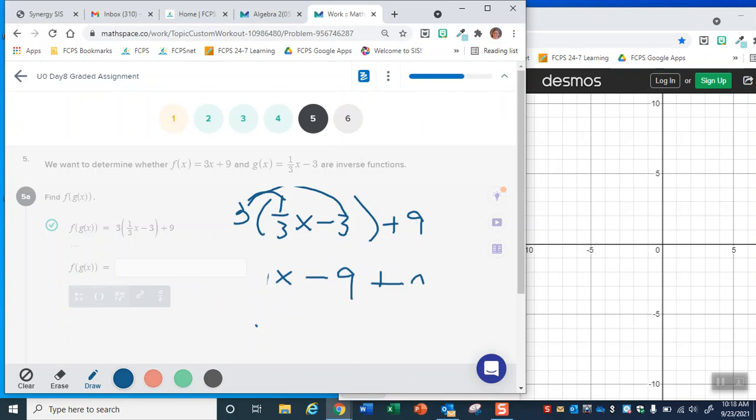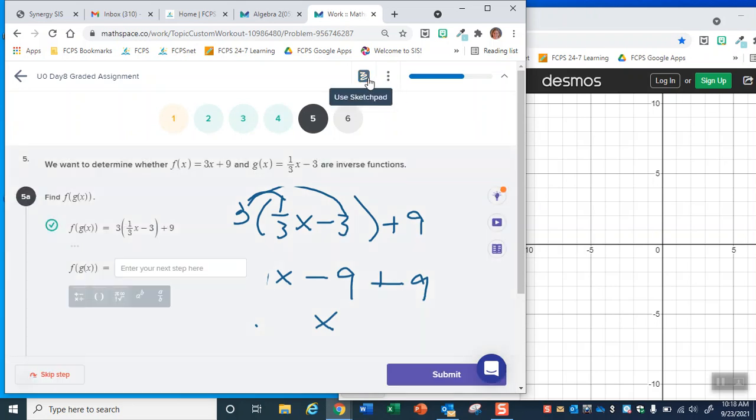And then I have a plus 9. Now what's negative 9 plus 9? That's 0, right? So x plus 0, so that is just x. After all, when I put g of x into f of x, that just gives me x.